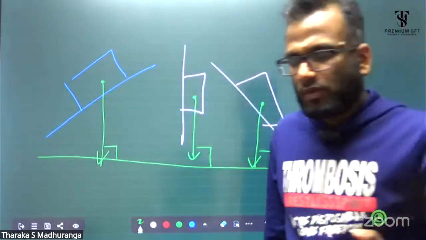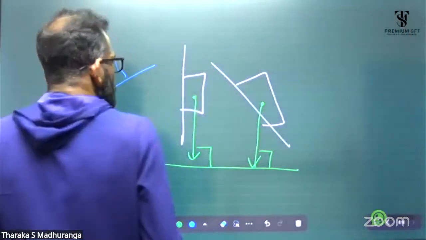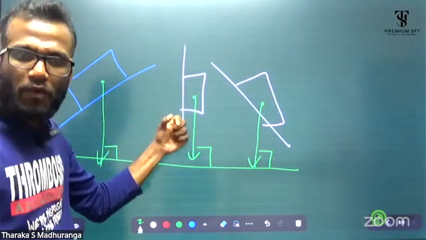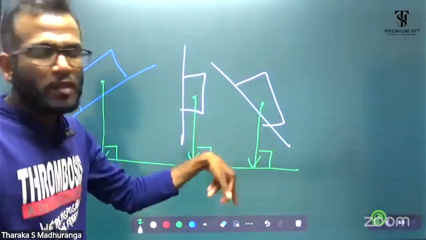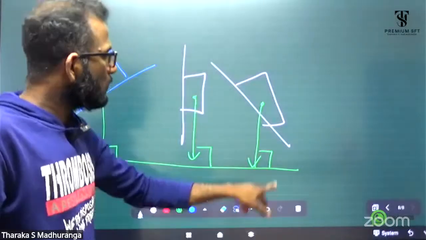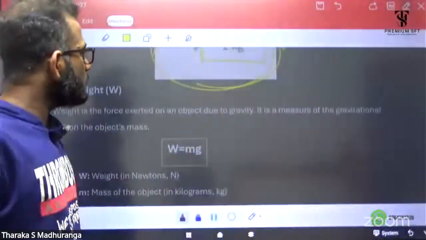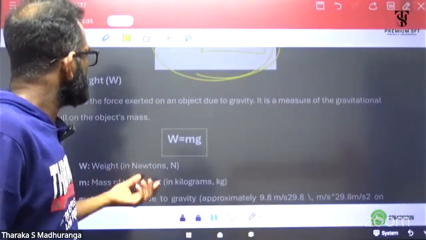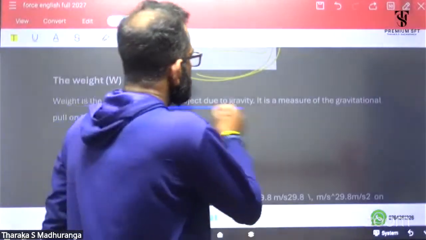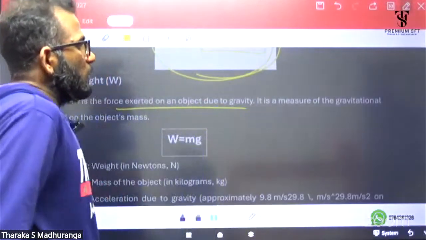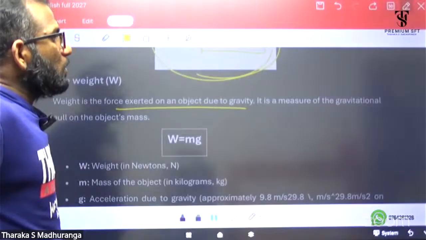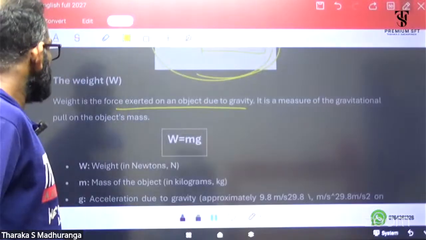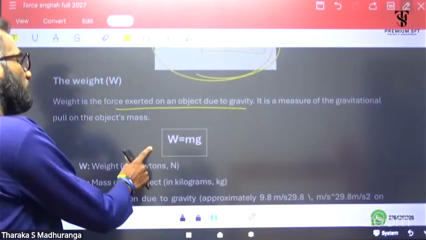Okay, that's the rule. Then what's the meaning of weight? Weight is a force acting towards gravity. It is a measure of the gravitational pull on an object's mass.